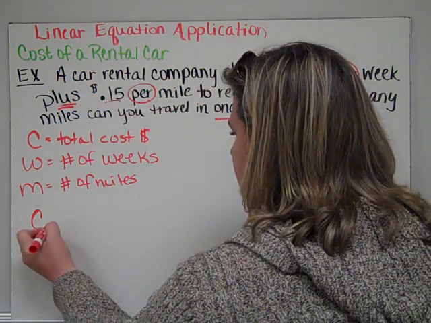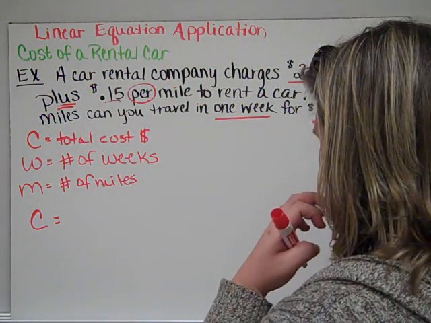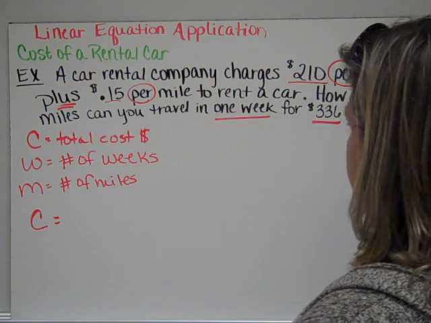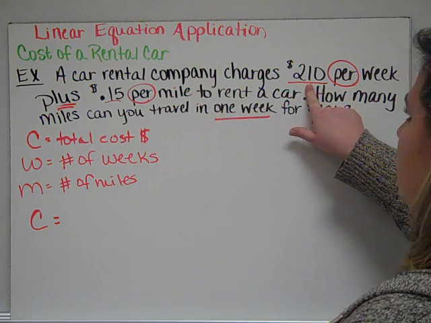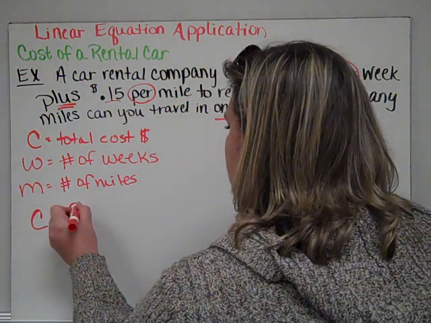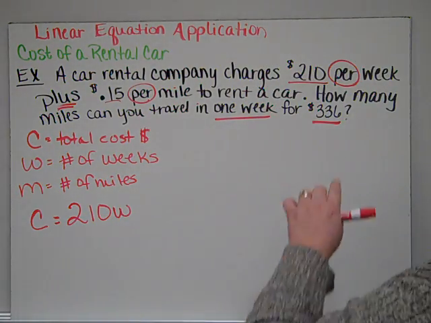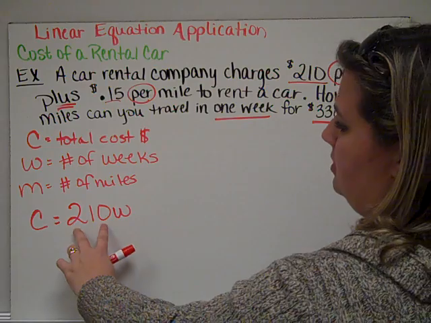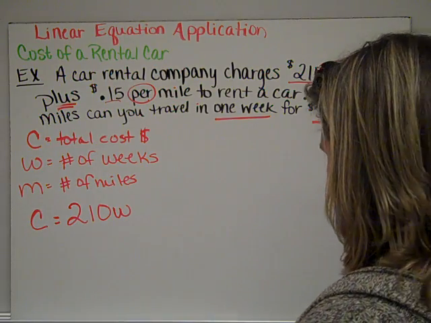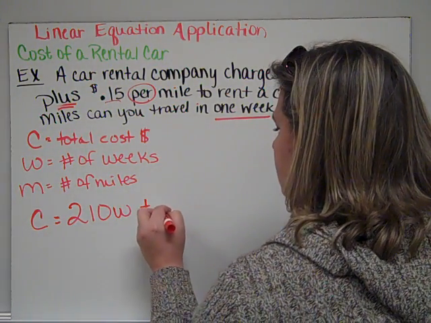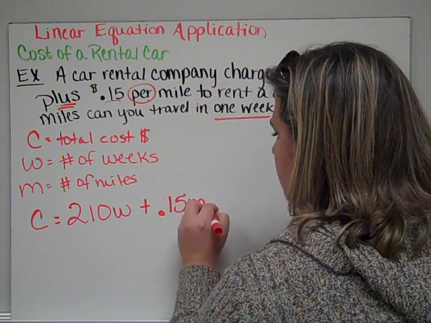So I have C equals, well, how many weeks do I have? It says it's going to cost 210 per week, so I can see that that's going to play the role as a coefficient. Then I have plus 15 cents per every mile.